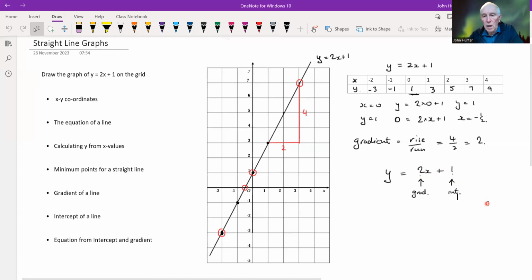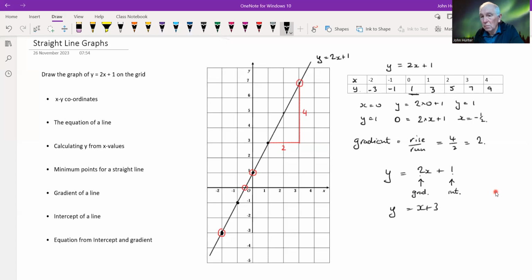Okay, so if we look at any line, we'll look at y equals x plus 3. We'll see that's got a gradient of 1, rise over run of 1, and it goes through the point 3.